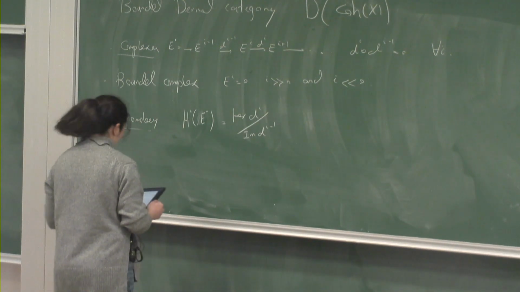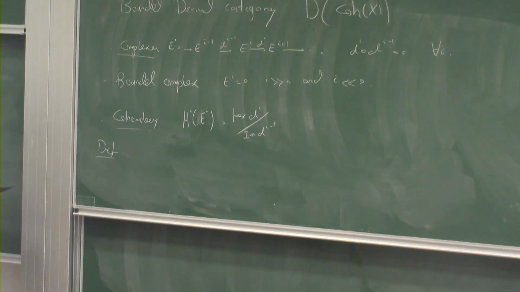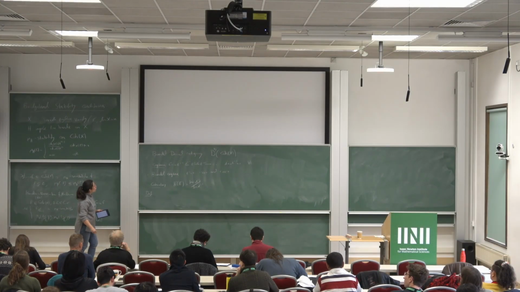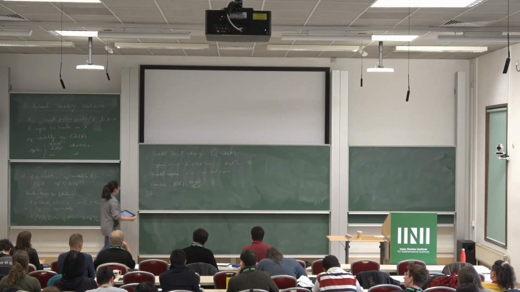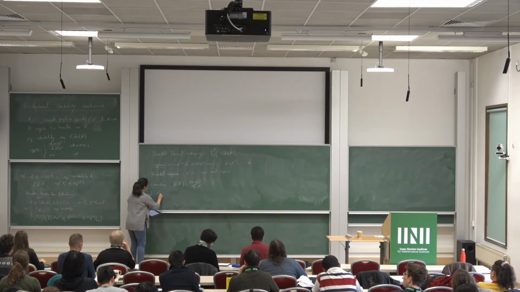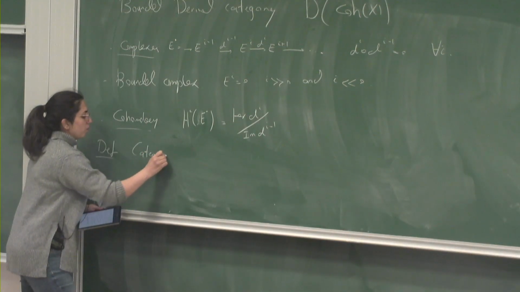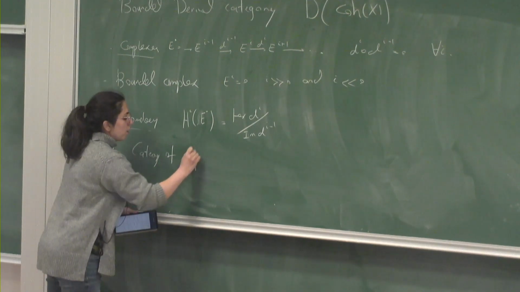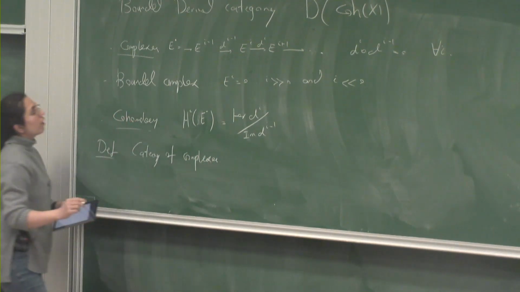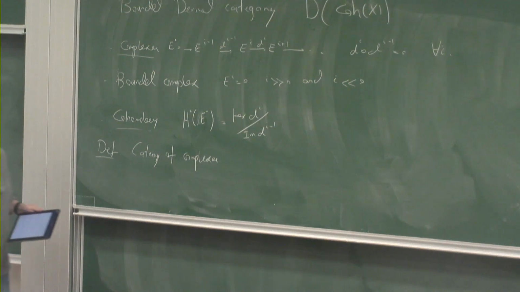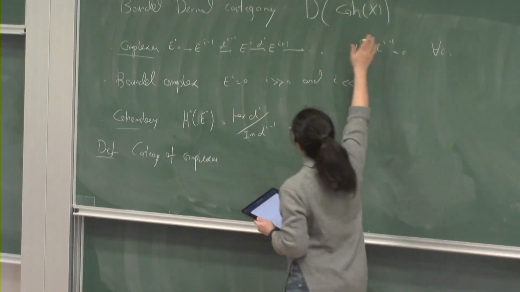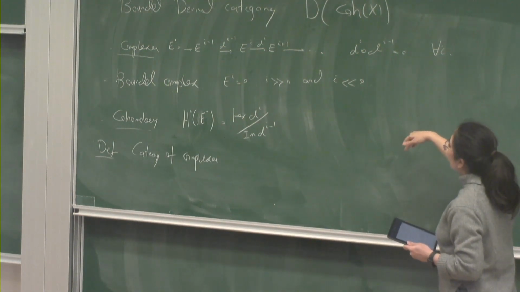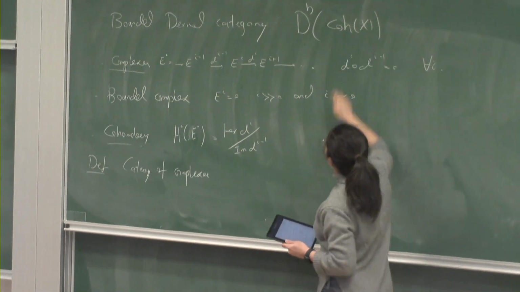Or maybe before going to that notion, let me first introduce the category of complexes. The whole setup that I have here is not just for this abelian category of coherent sheaves.